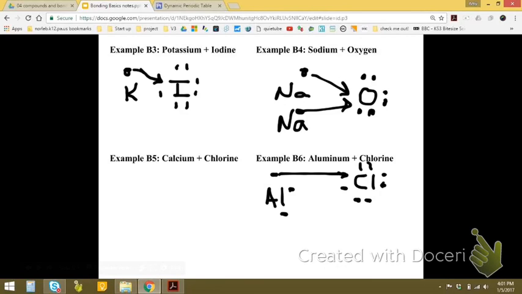But we still have 2 more to get rid of for aluminum. So that means we are going to bond with 2 more chlorine atoms. And now both ions have their full valence shells.